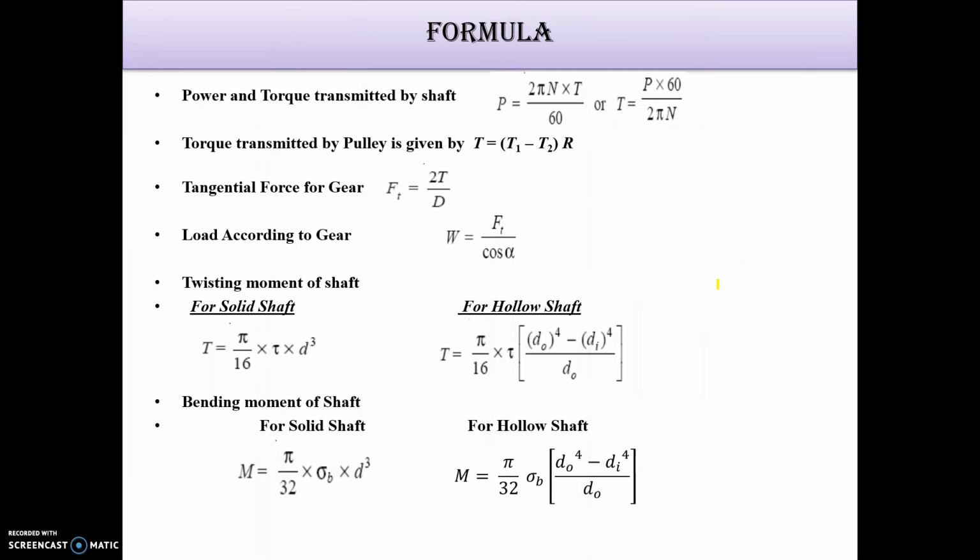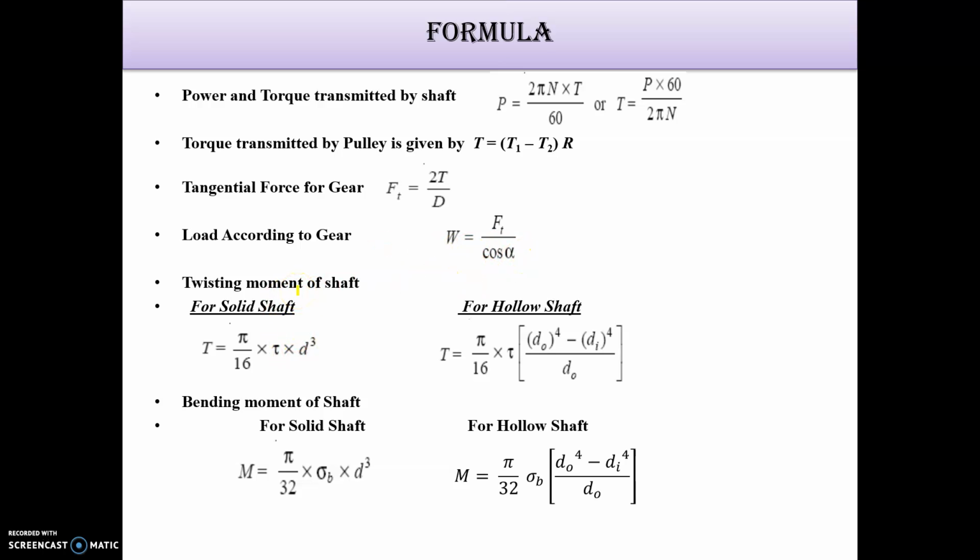So first, to understand it very easily, for any unit you can do this: just create one sheet where you write down all types of formulas so that it will be easy to understand. Here the power and torque formula is written, then torque transmitted by the pulley, then tangential force by gear, then load acting on gear.